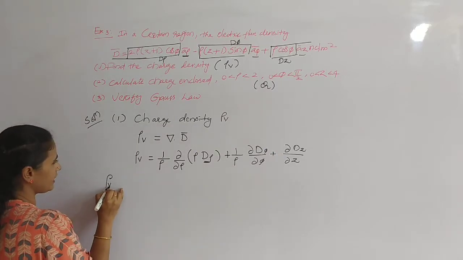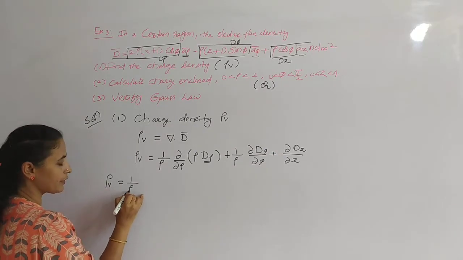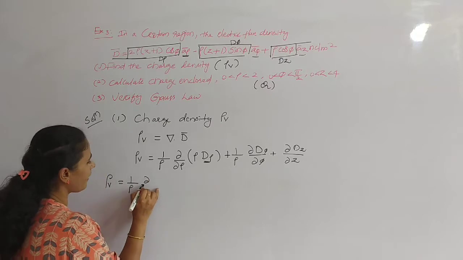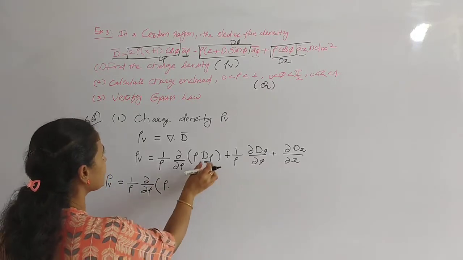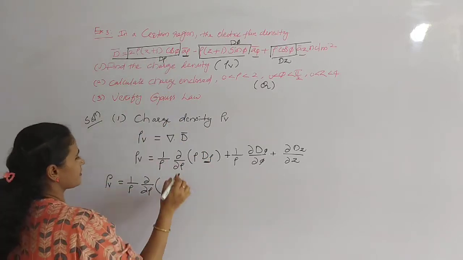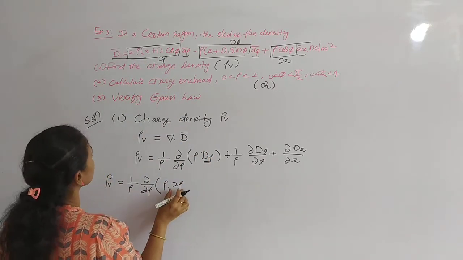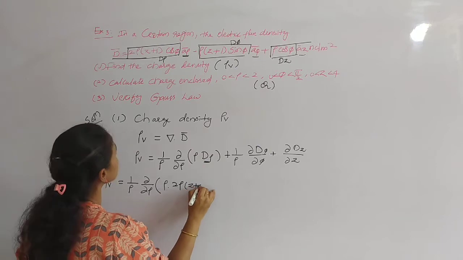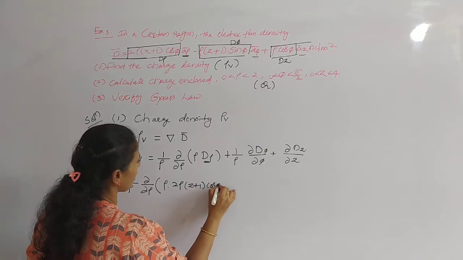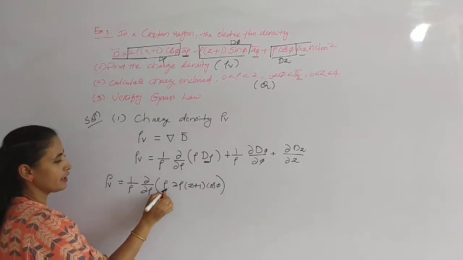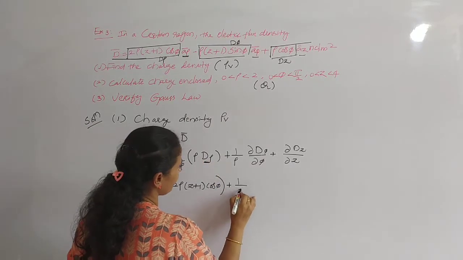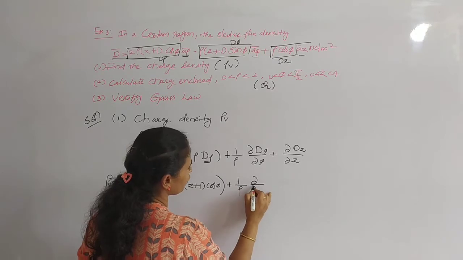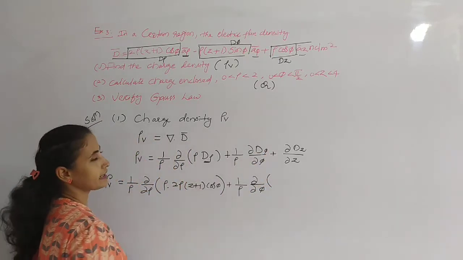So rho v is given by 1 by rho of dou by dou rho of rho into D rho. What the D rho is, this one: 2 rho z plus 1 into cos phi. This is the rho into D rho term, plus 1 by rho of dou by dou phi of D phi.